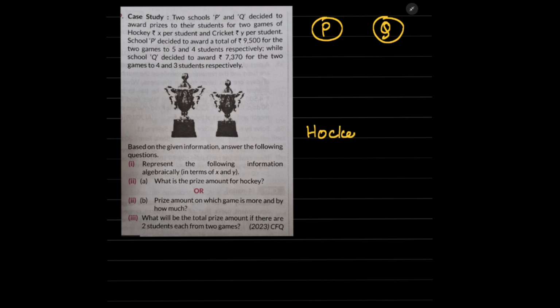The first one is hockey. Every winner of hockey will get rupees X, and every winner of cricket will get rupees Y. We don't know how much the winners of hockey and cricket will get, so in the question they have given X and Y. X is a variable, Y is another variable. It can be any value.